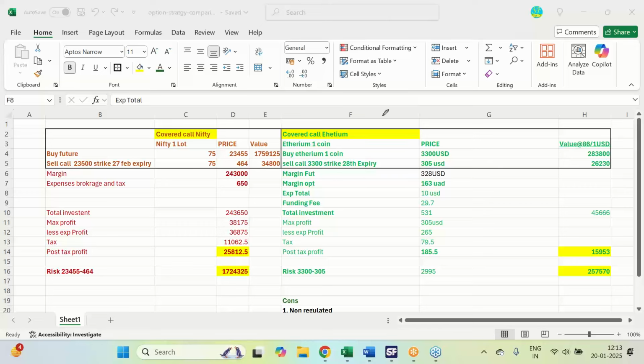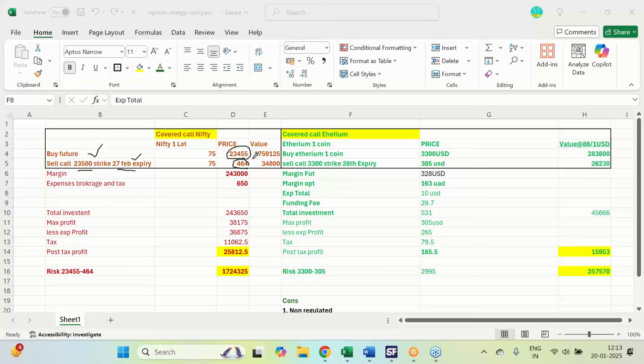I'll show you one example of Nifty. I am buying one lot of the 27th February expiry Nifty future. When I was drafting it, Nifty was at 23,455. I am buying one future and selling the 23,500 call option, 27 February expiry, at 464.